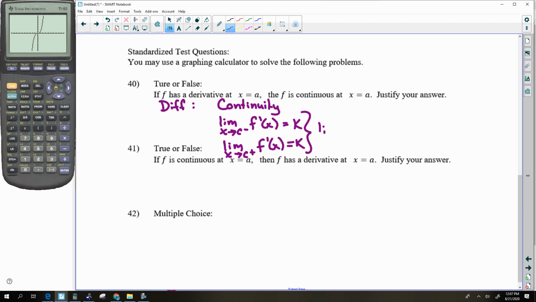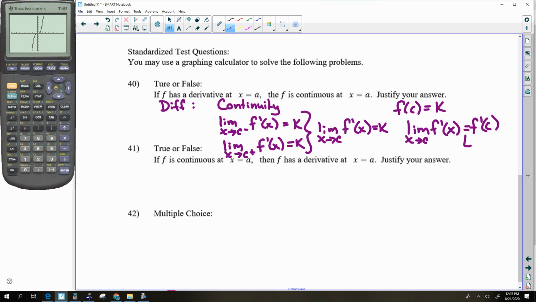That implies that the limit is equal to that something. The point has to be equal to that something, and then obviously the limit is equal to the point. All right, so if we know that f has a derivative, aka it is differentiable, all of these things are true.